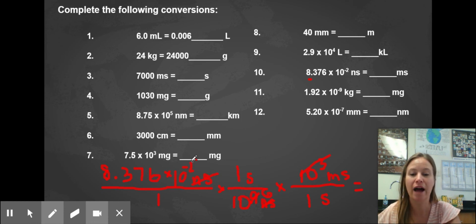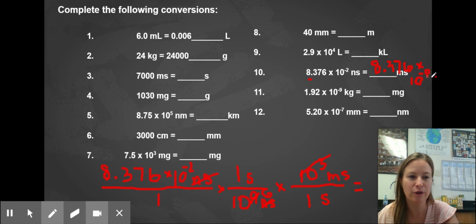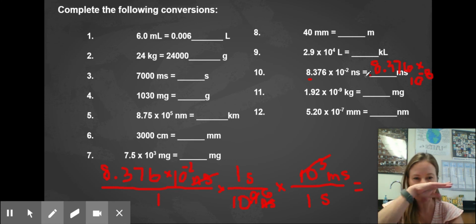I'm going to subtract that 6 from right here, and I will get my answer, which is 8.376, I'm going to run out of room, times, right here, 10 to the negative 2 minus 6 is negative 8th power. Okay, so that's how I would solve that problem using dimensional analysis.